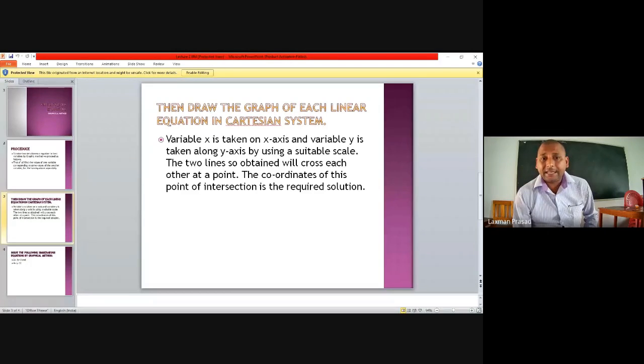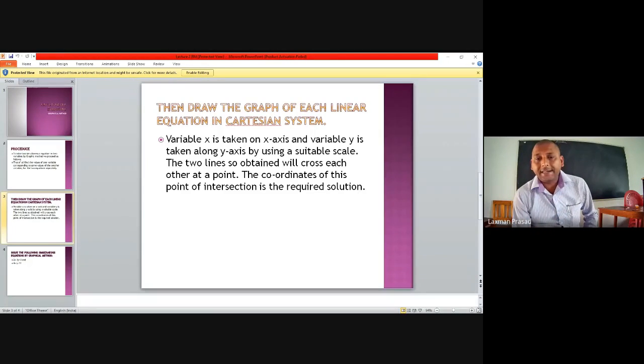Variable x is taken on the x-axis and variable y is taken along the y-axis by using a suitable scale. So the two lines obtained will cross each other at a point. ये जो both lines हैं, definitely वो cut करेंगी एक दूसरे को a certain point में.